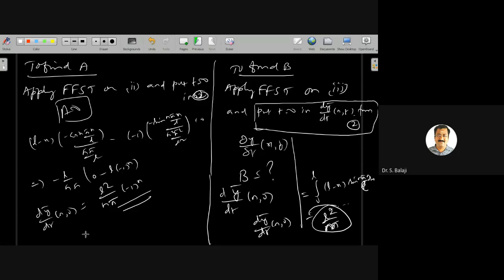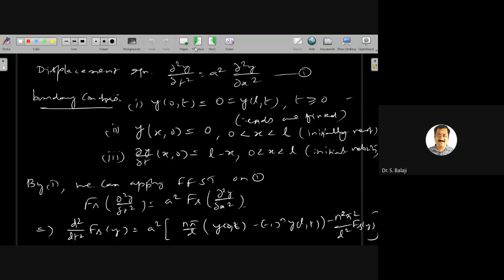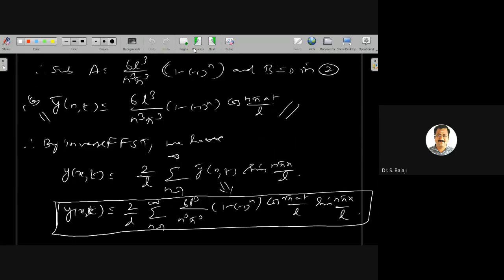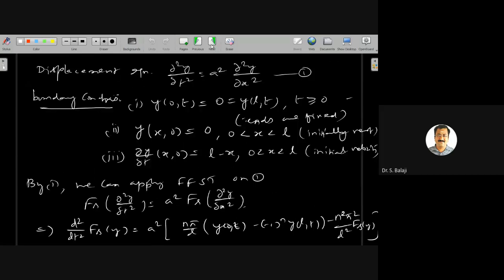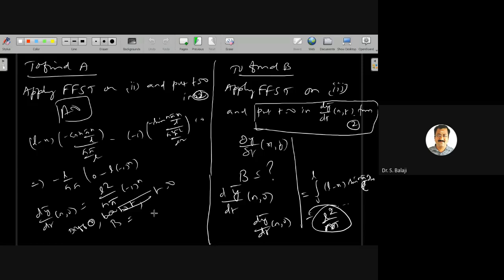differentiate this one and differentiate equation 2. Differentiate equation 2, we are getting B and t equal to 0. Differentiate with respect to t and put t equal to 0 finally. As like yesterday's idea, the previous problem idea, we are getting B n pi a by L. Yes, as per the answer is correct.